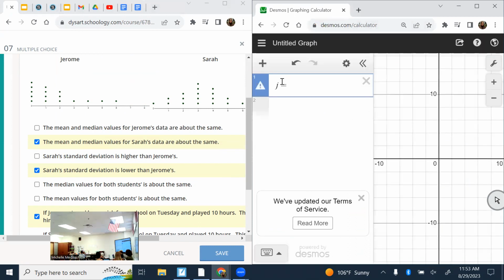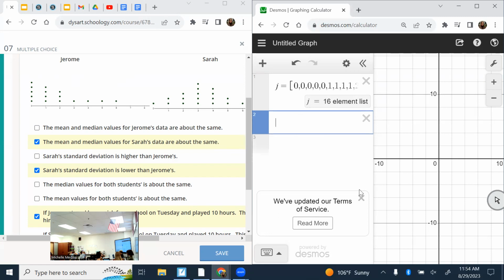You always put a letter equals bracket and then you type in your data. So I have 5 zeros, 4 ones, 3 twos, 1 3 4 5 6. Jerome had 16 data points.